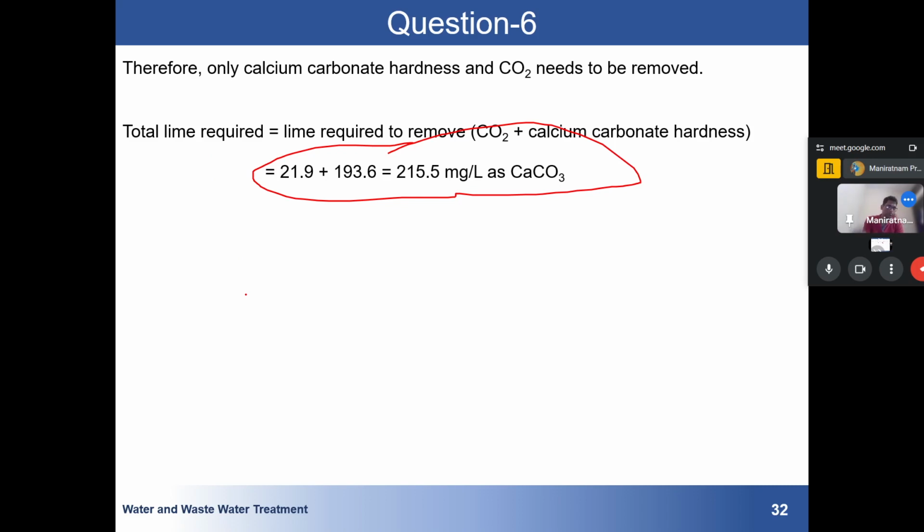Actually, I don't know how to explain this. So if you have attended my first lecture, I have said that gram equivalent for any reaction is always equal.